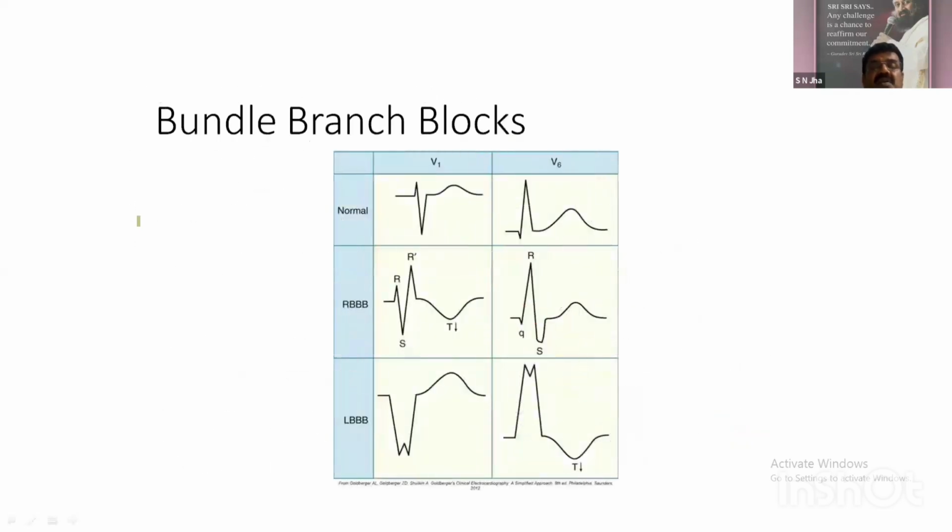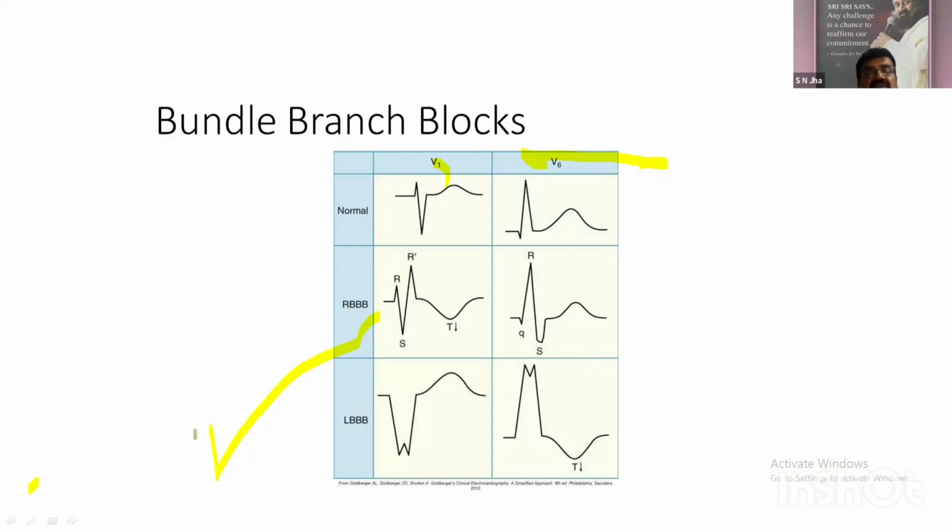So in RBBB, what will happen in V1? In V1 we will have RSR dash pattern, and in V6 we will have tall R and deep S wave.